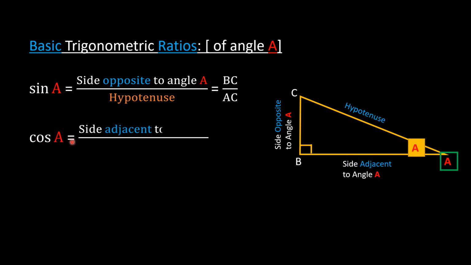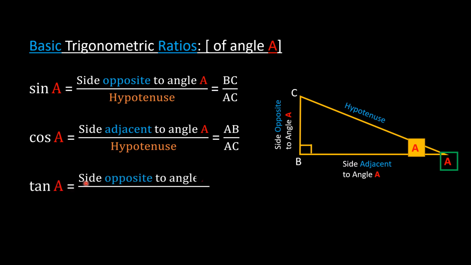Cos A is side adjacent to angle A divided by hypotenuse, which is AB divided by AC. Tan A is side opposite to angle A divided by side adjacent to angle A, which is BC divided by AB.